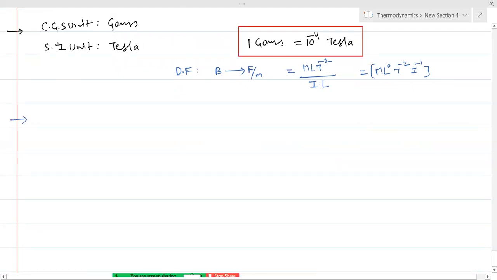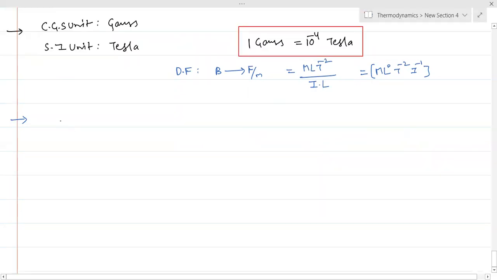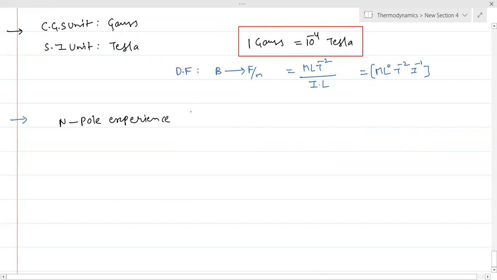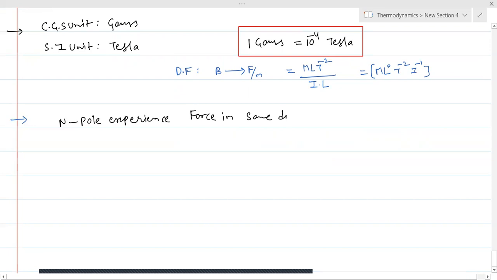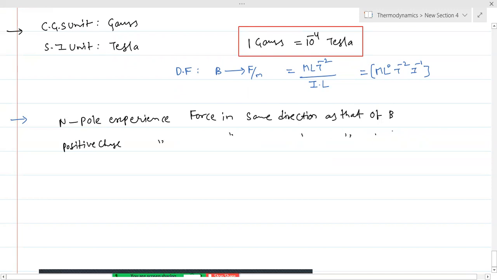And this is very, very important. The upcoming point is that a north pole experiences force in the same direction as that of the field. This is very similar to a positive charge experiencing force in the same direction as that of the electric field.